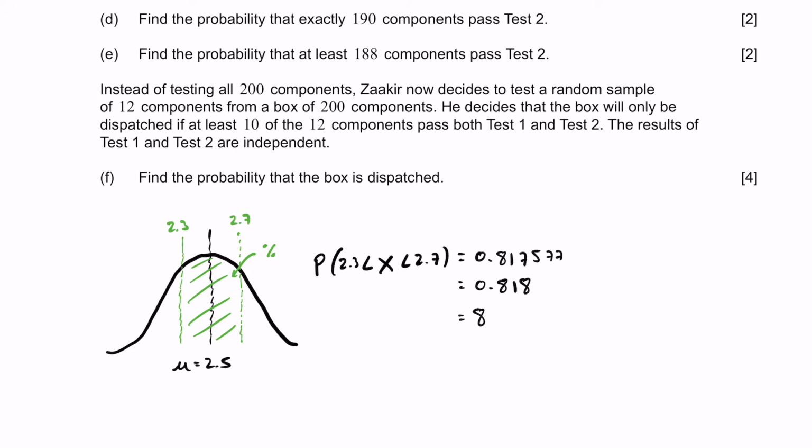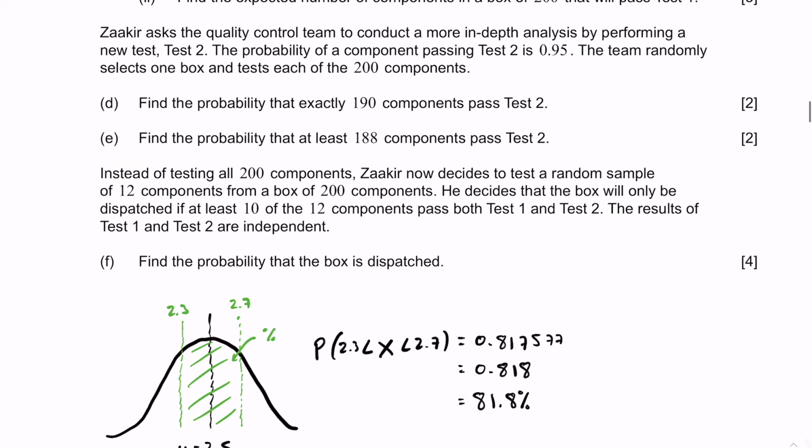As a percentage, we can also write this as 81.8%. What that means in context is if this represents all of the components that are constructed, 81.8% of them are within this range of 2.3 to 2.7 grams.